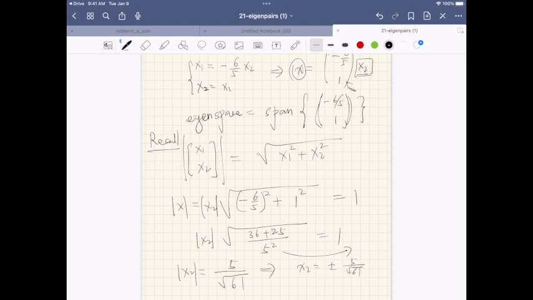So the unit eigenvector is x equals, in place of x2, the number we found above, times (negative 6 over 5, 1). So we actually find two unit eigenvectors in this problem. All right, we are going to stop here.